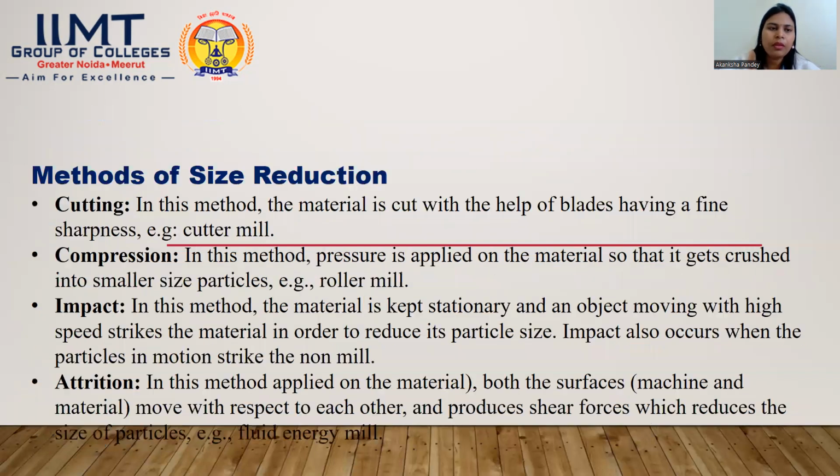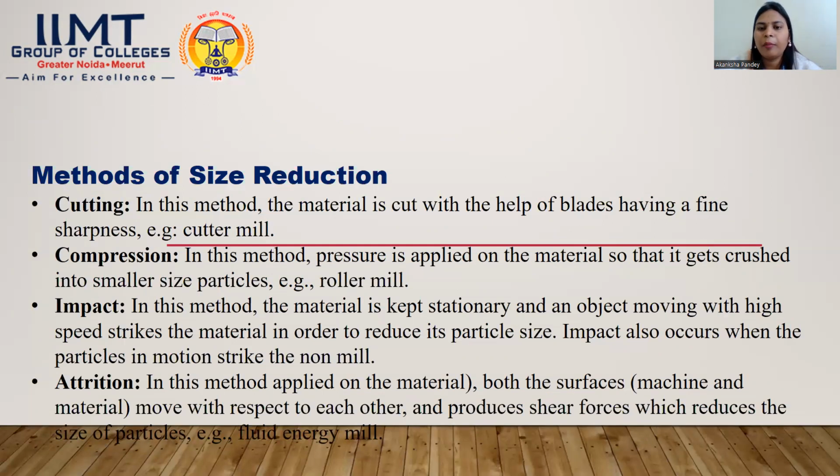Next is the method of size reduction. Basically, these are the four basic methods involved in size reduction. Cutting: I have already told you, with the help of blades at a particular place, circular blades rotate and the material inside gets cut.